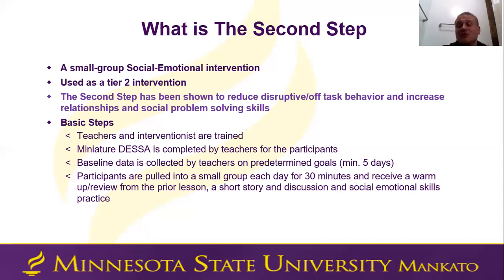After the interventionist reads the short story, the group has a 5-minute discussion about the story and about what particular social skills were being taught during the story, and what replacement behaviors the students in the story could have used instead of the reaction they had.